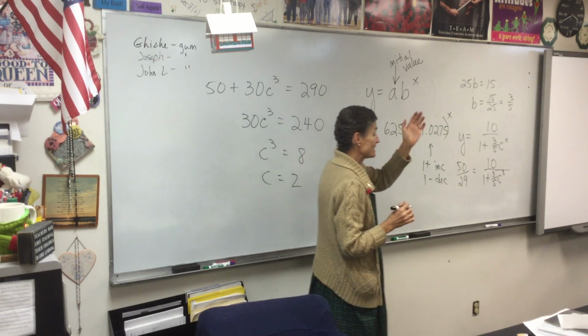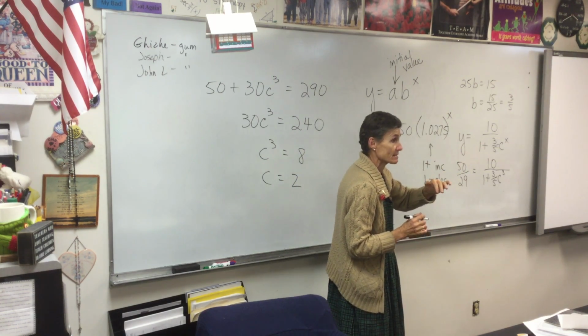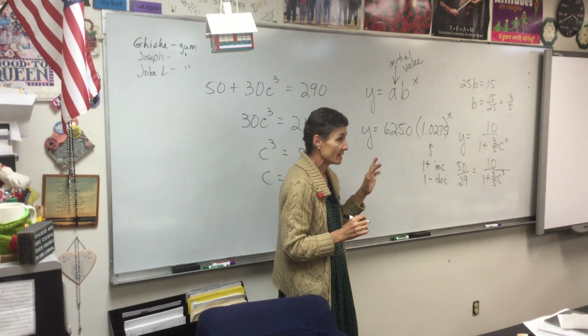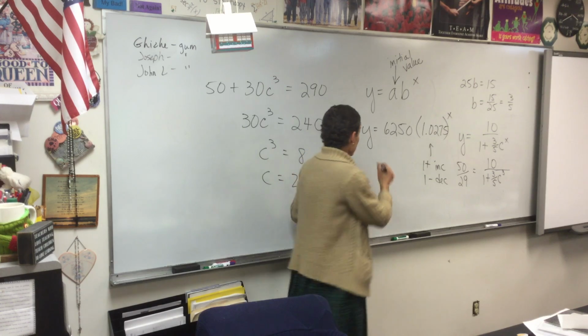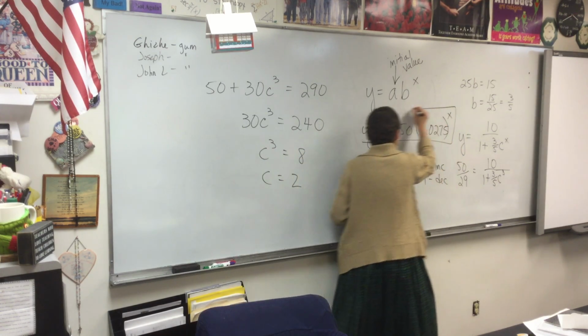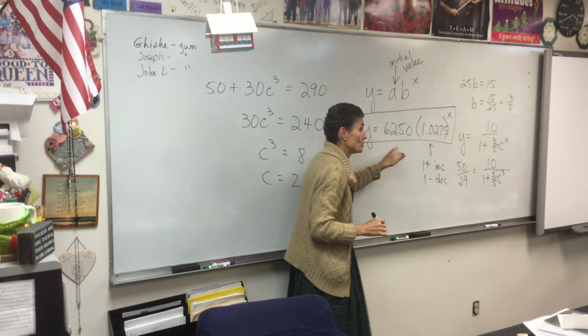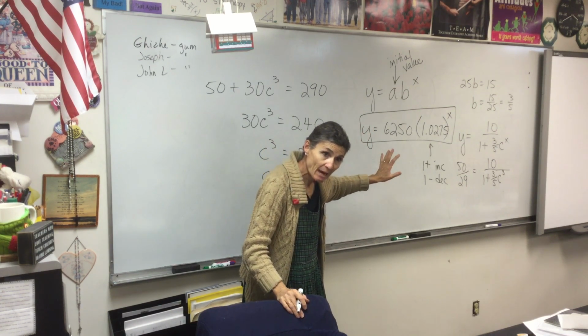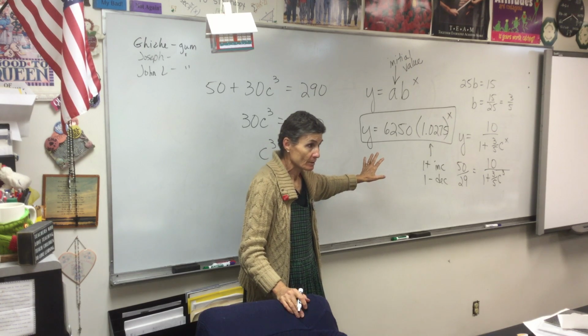So if we had a 10% decrease, we would multiply by 0.9. Remember that? We talked about that the other day. So this is the equation we are going to use to do problem 31. Does everybody get where those numbers came from? Why we put them where we put them?